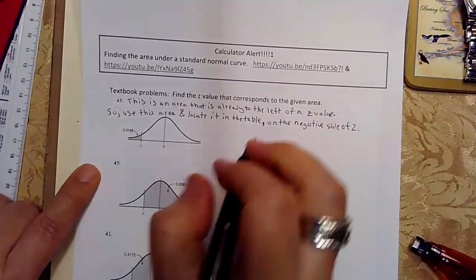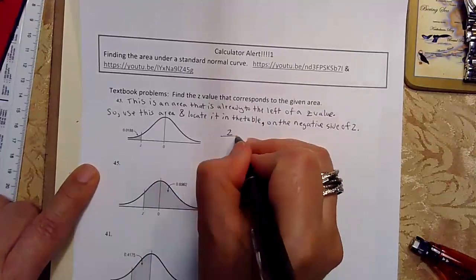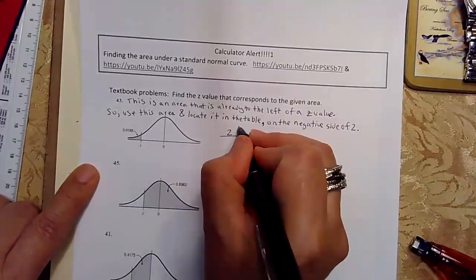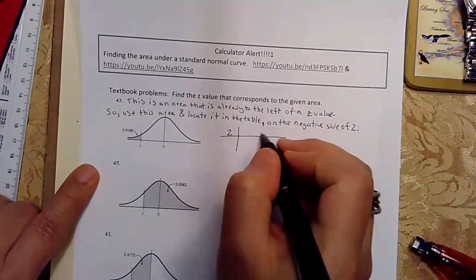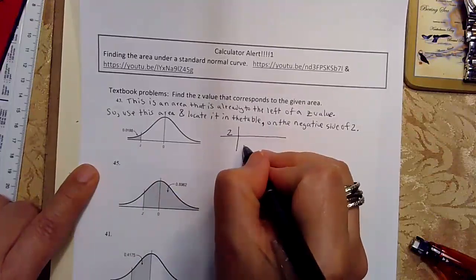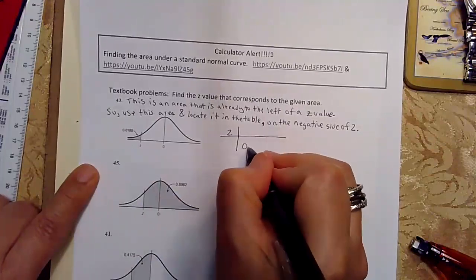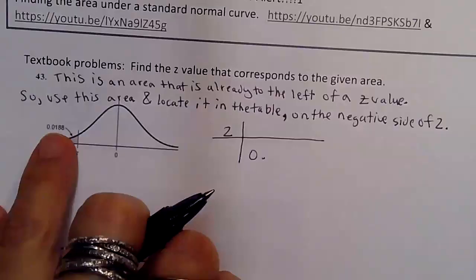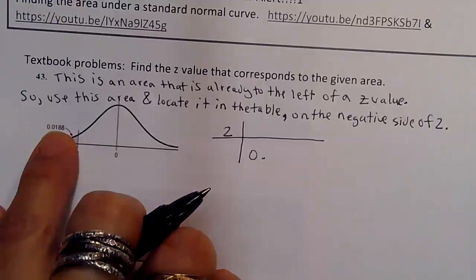When we're looking this up on our table, we want to be looking up this area. This area is 0.0188.